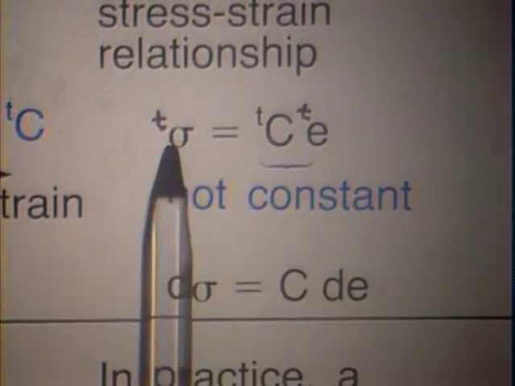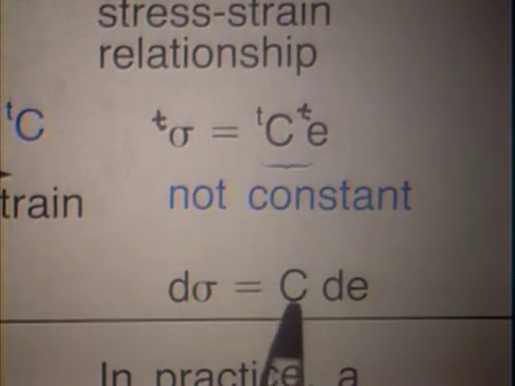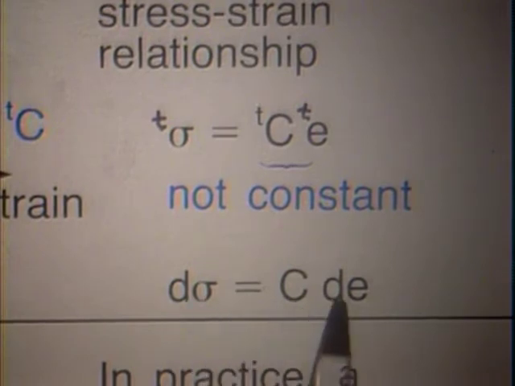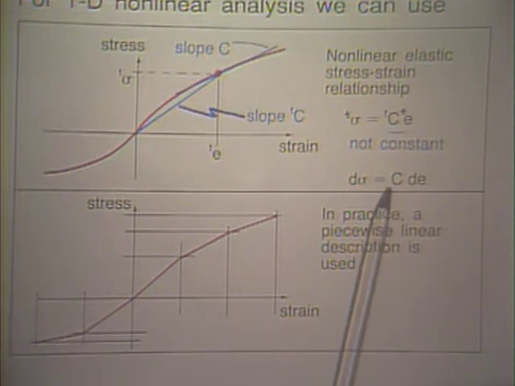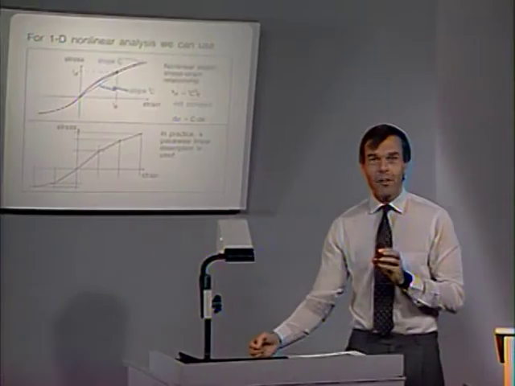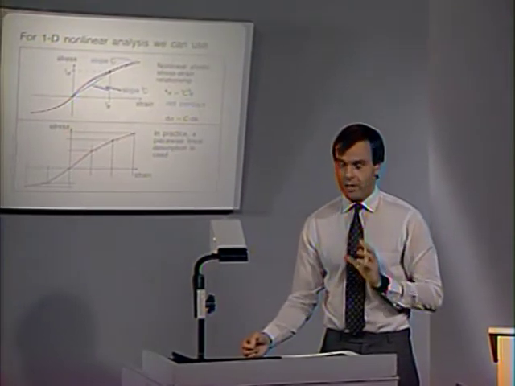This is here relating the total stress to the total strain. Here we talk about an increment in stress related to an increment in strain. It's important to note that C is not the same as tC, unless, of course, we have a linear elastic relationship.